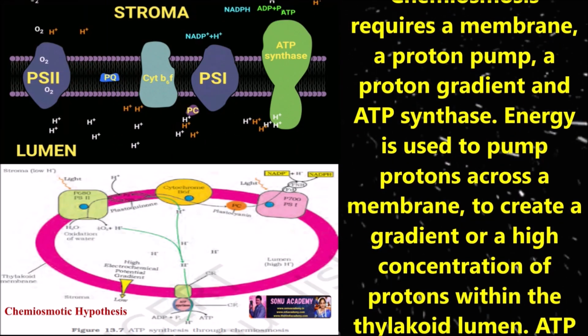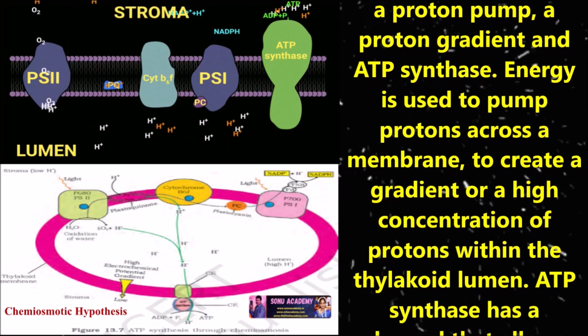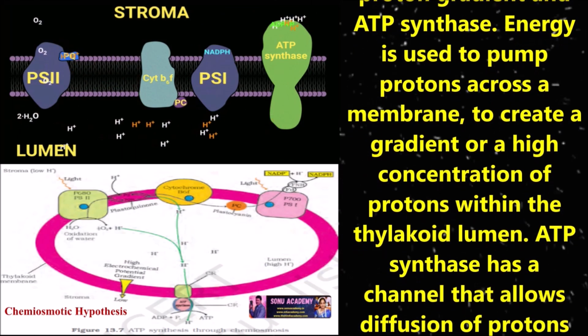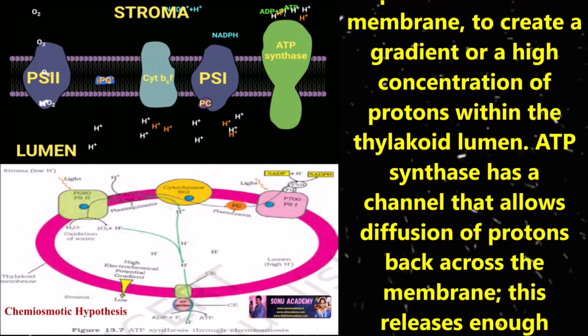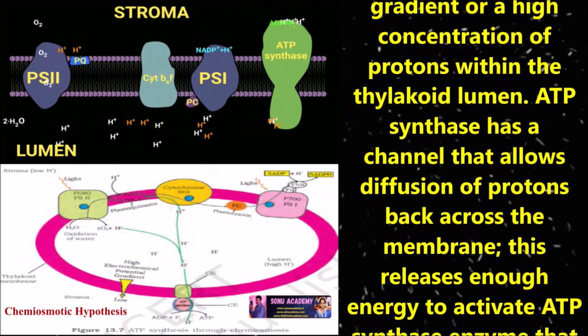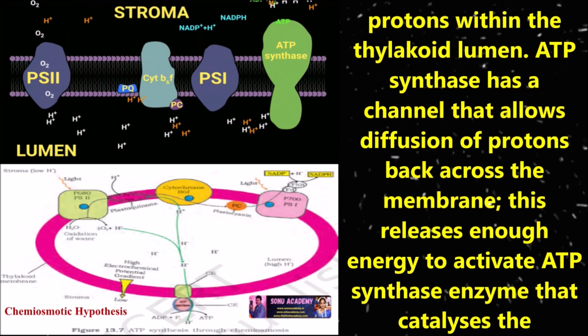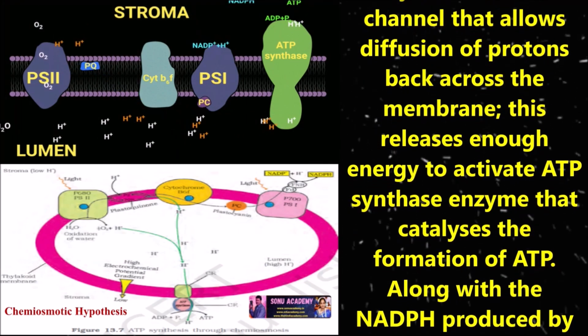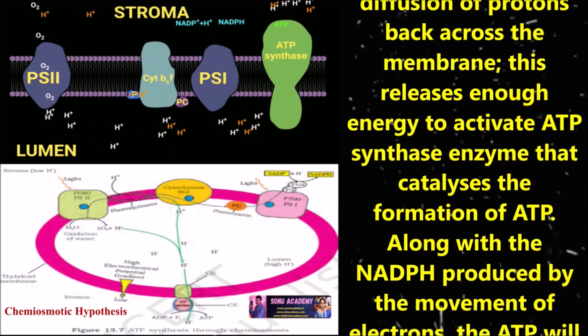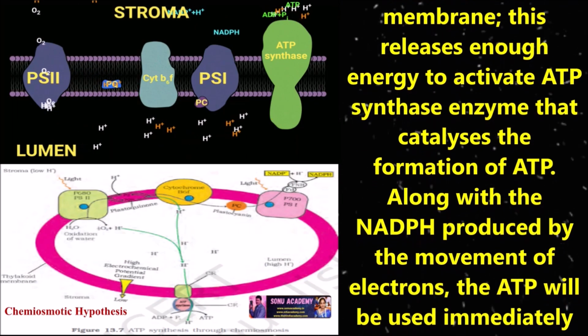Chemiosmosis requires a membrane, a proton pump, a proton gradient and ATP synthase. Energy is used to pump protons across a membrane to create a gradient or a high concentration of protons within the thylakoid lumen. ATP synthase is a channel that allows diffusion of the protons back across the membrane.